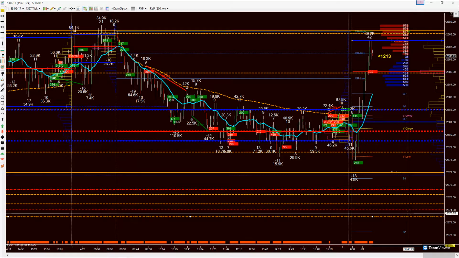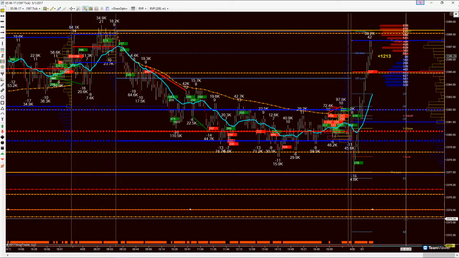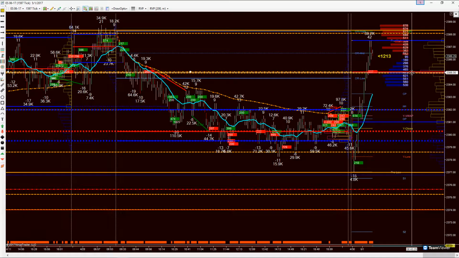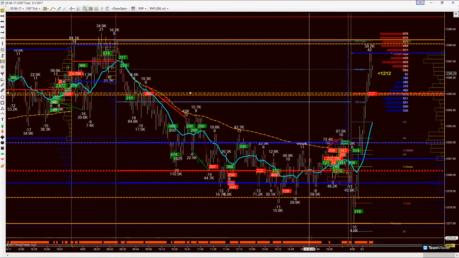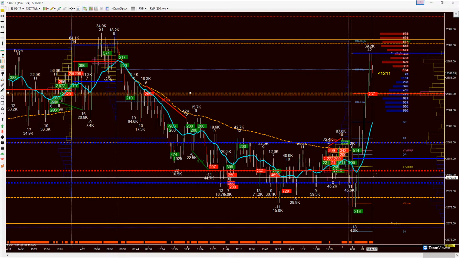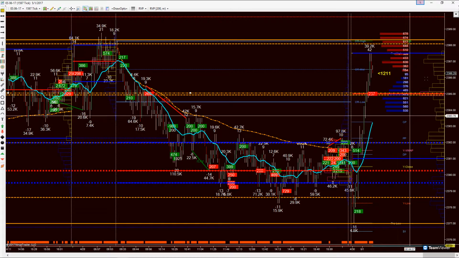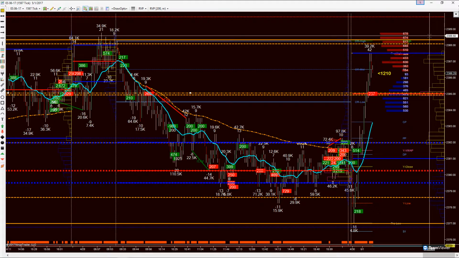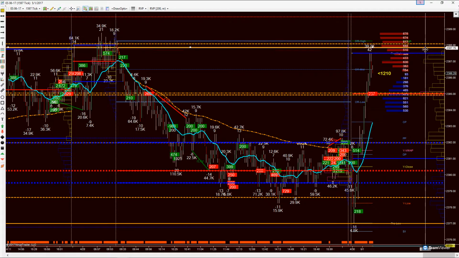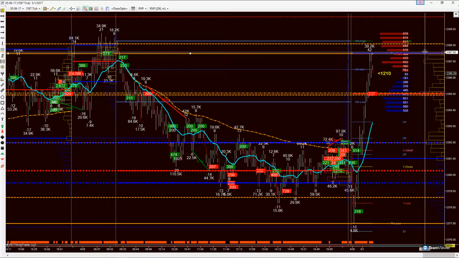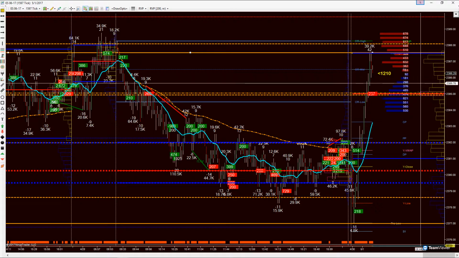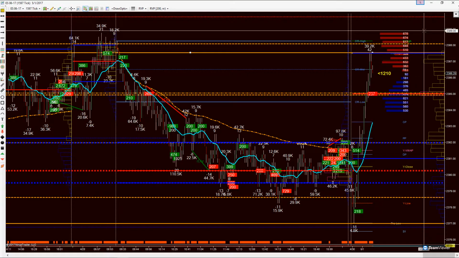Okay, 2374, and now overnight VPOC. And now let's zoom in here a touch and give me a chance to make sure I got everything lined up right. Value area low, VPOC, value area high. Overnight high is down here. Overnight VPOC and overnight low.